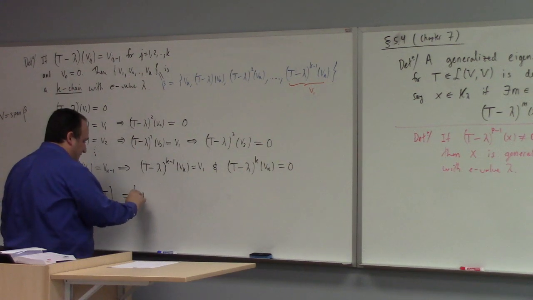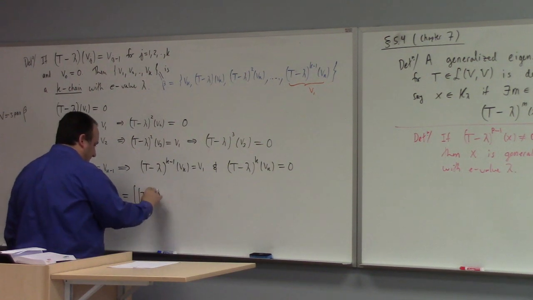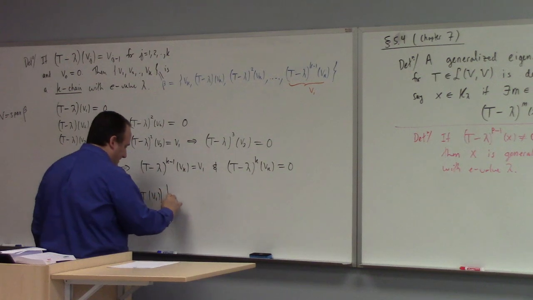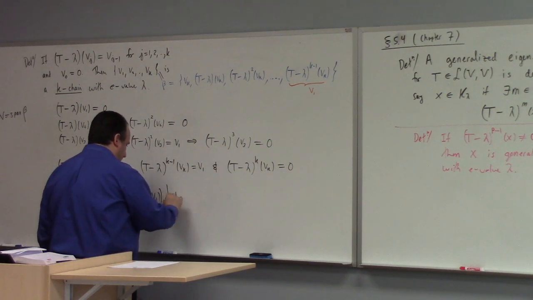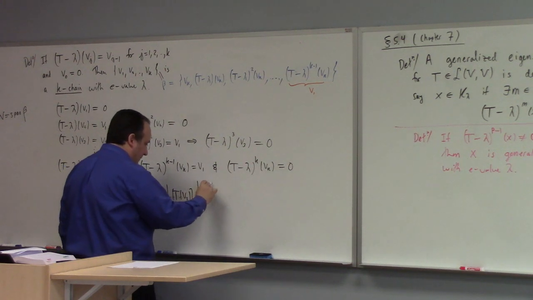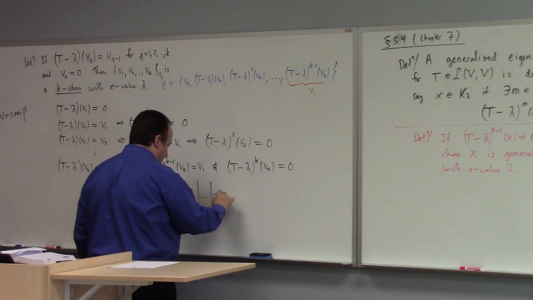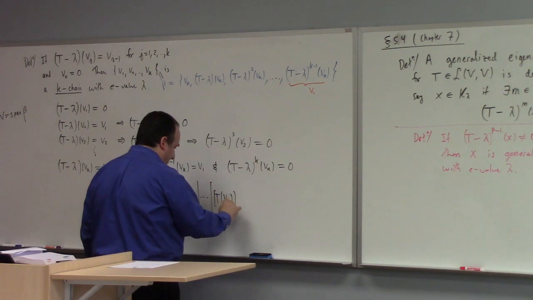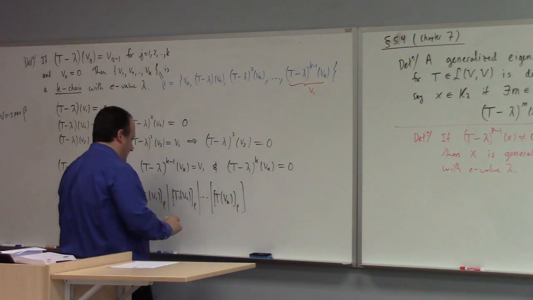So we have the matrix of T with respect to v1, the matrix of T with respect to v2, and finally the matrix of T acting on vk. And what is that?